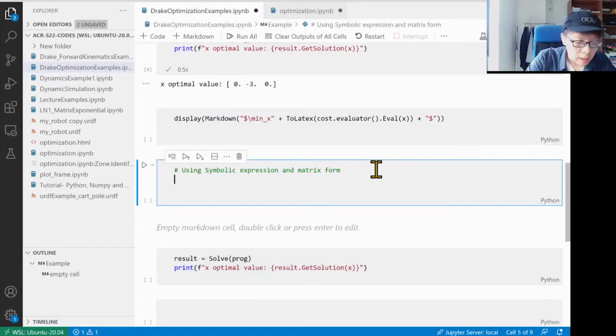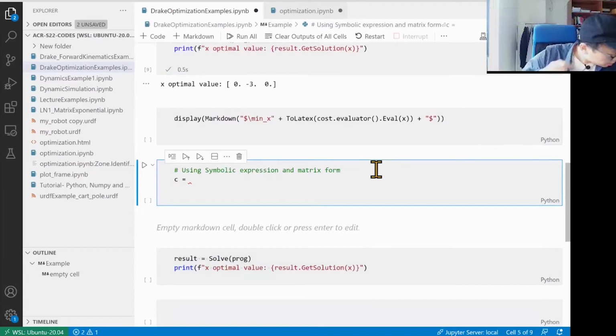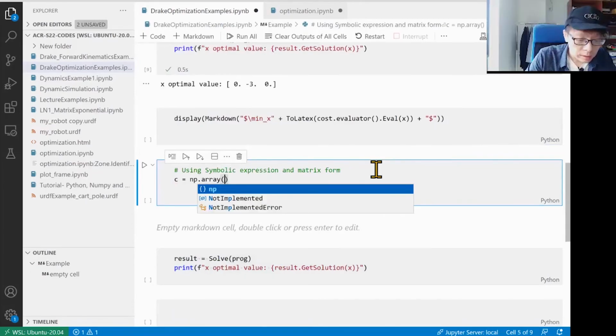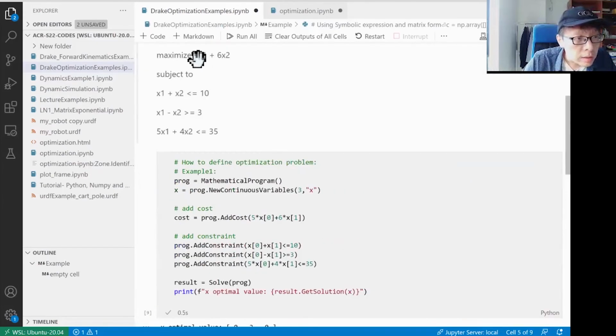In this case, I can define C as my NumPy array. Because this is linear, it is a 5, 6 inner product with the x vector.